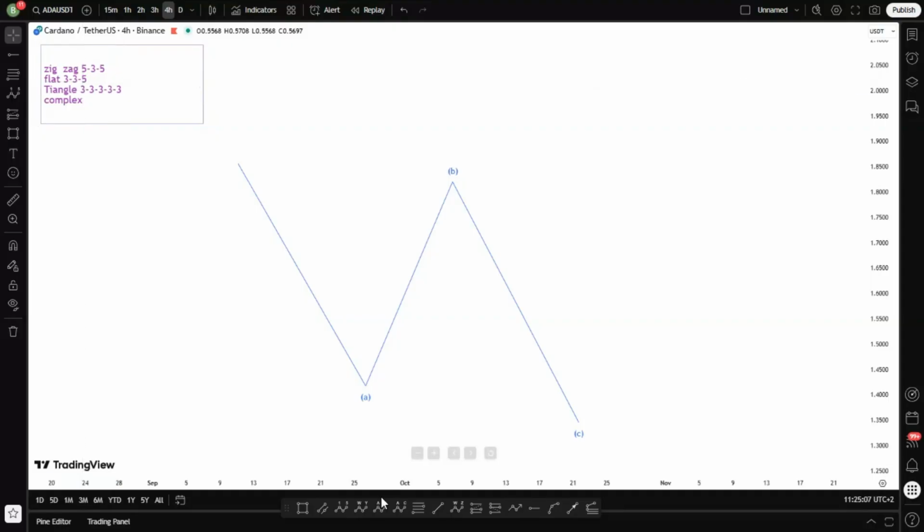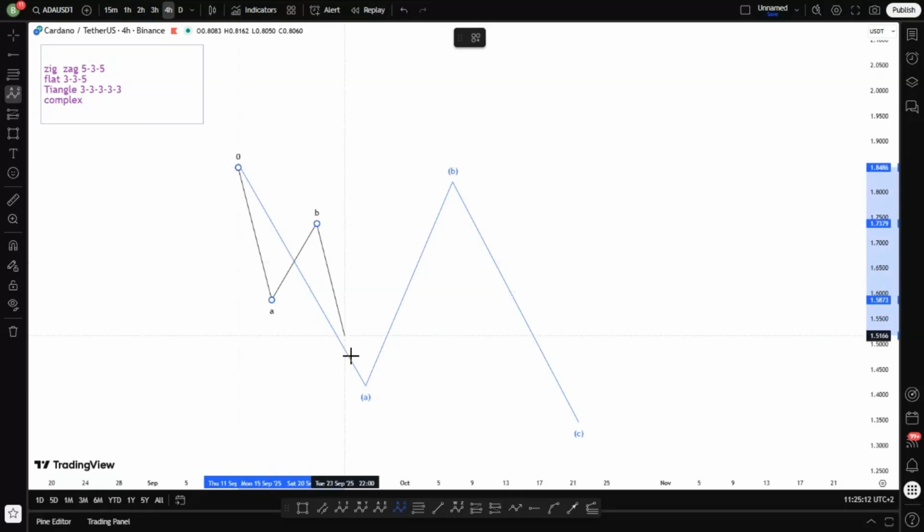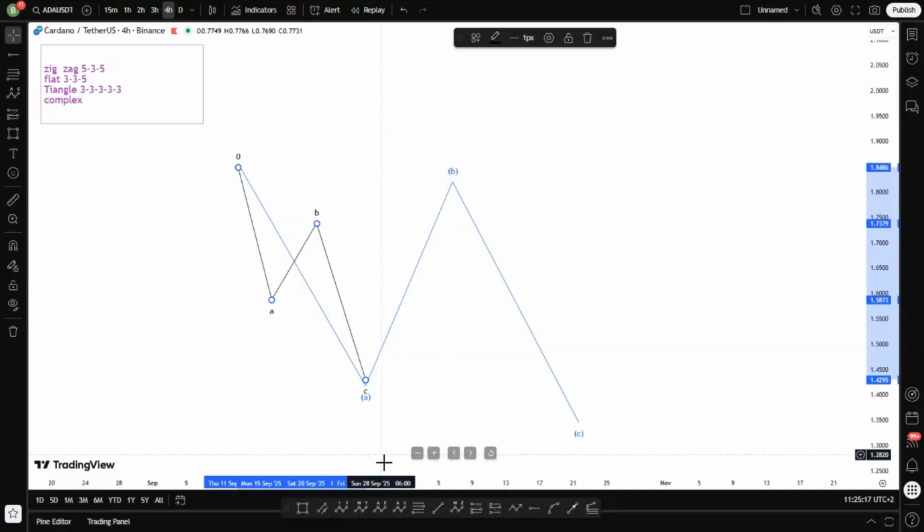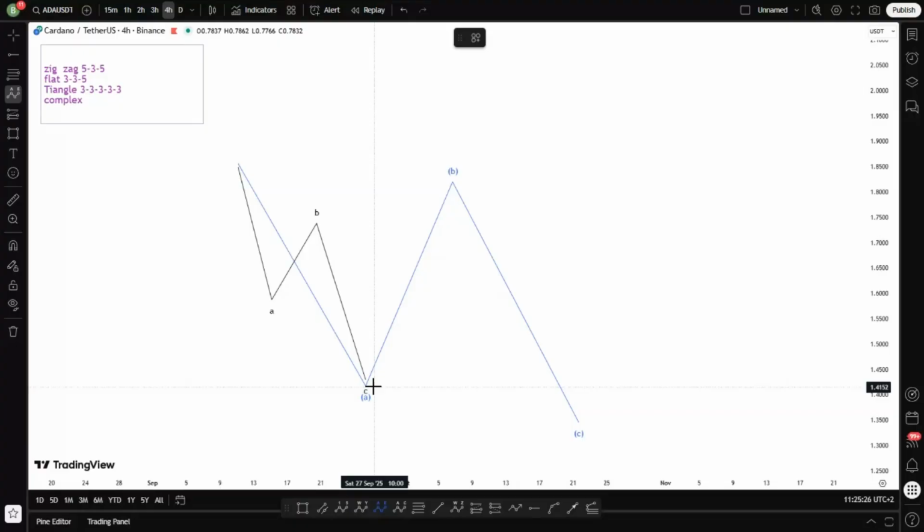So what has to happen is that we need to see wave A forming as an ABC wave, and then wave B can take a shape of another ABC. It's fine, but it can again take the shape of a triangle, because again, guys, a triangle is a correction pattern, one that always appears on the market.